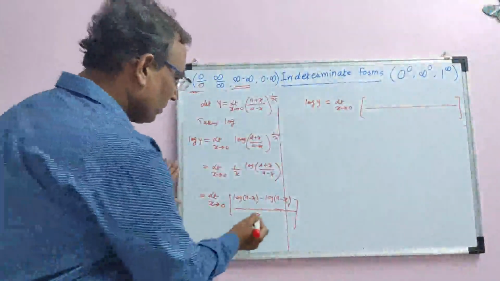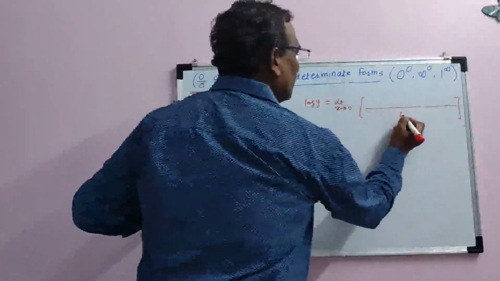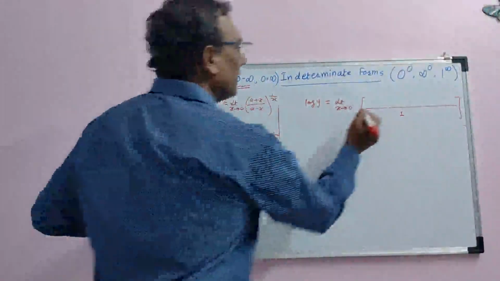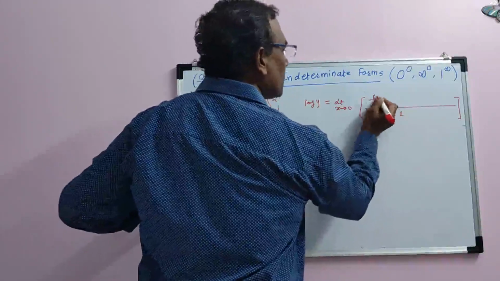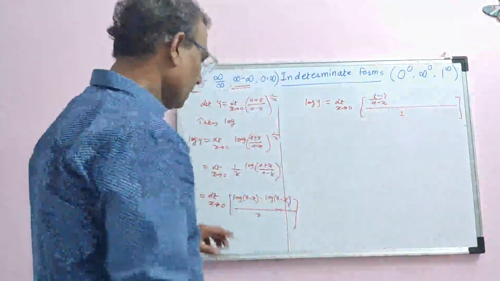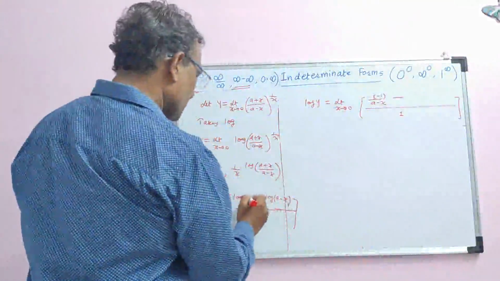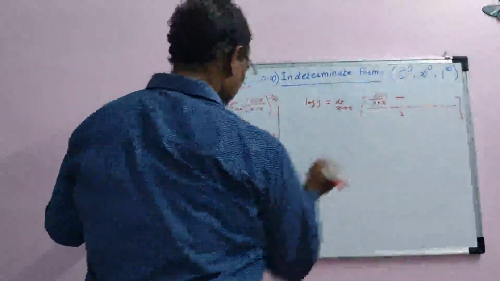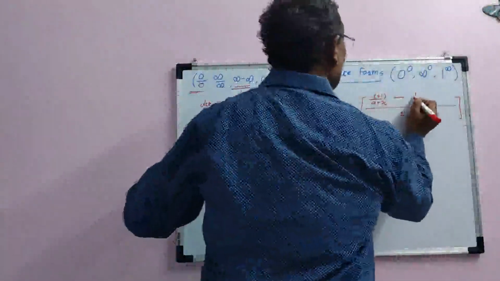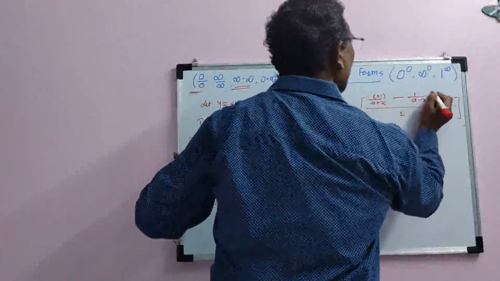Take the derivative of numerator and denominator separately. The derivative of x is 1. The derivative of log of a minus x is 1 by a minus x, and the derivative of a minus x is minus 1, so minus times the derivative of this. This is a plus x, and the derivative of this is 1 by a minus x.